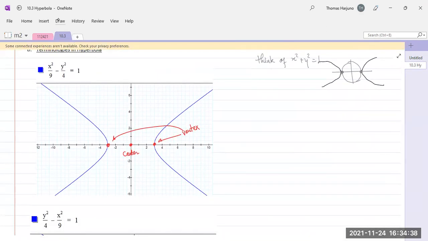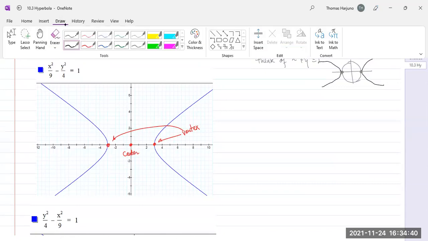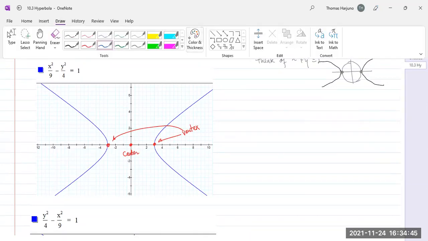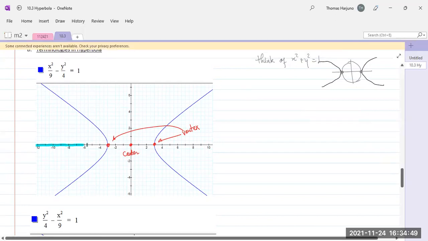Next, the axis of the hyperbola is here. What color should I use? Let me use this color. This is the axis of the hyperbola.